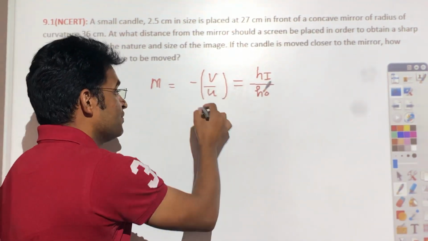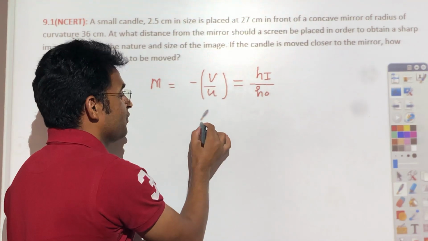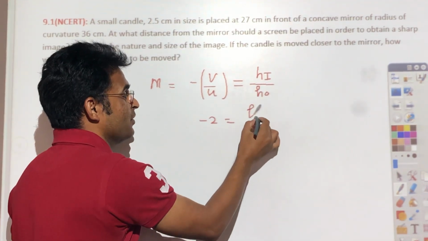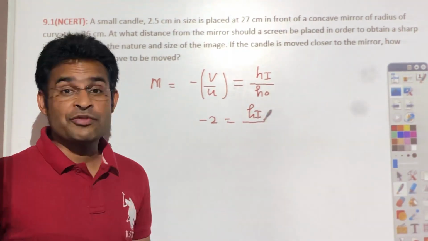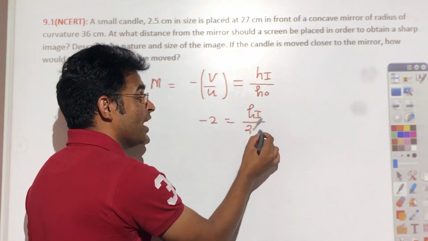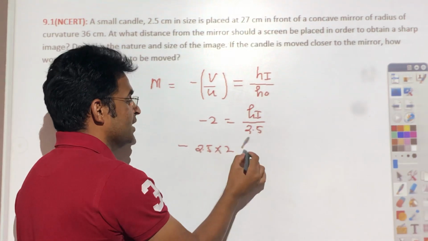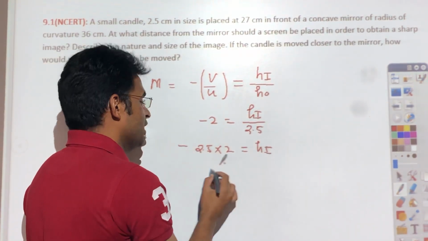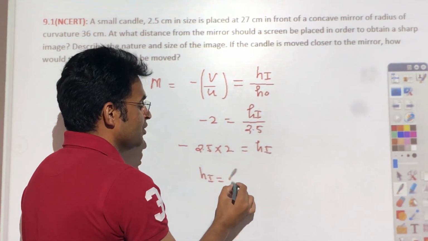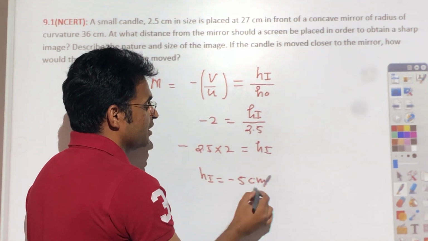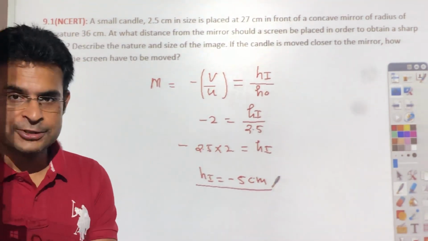We already calculated minus v by u as 2, and the height of the object is 2.5. So if you multiply 2.5 into 2 with the minus sign, that will be the height of the image, which is minus 5 centimeters. So this question is completed, guys.